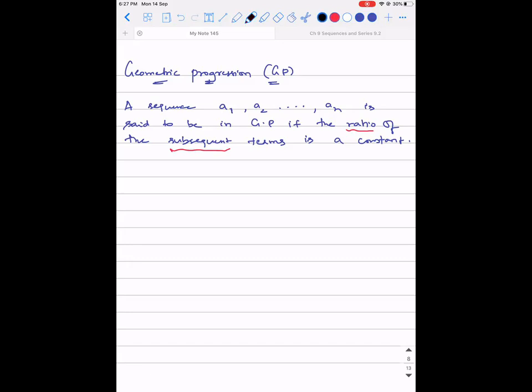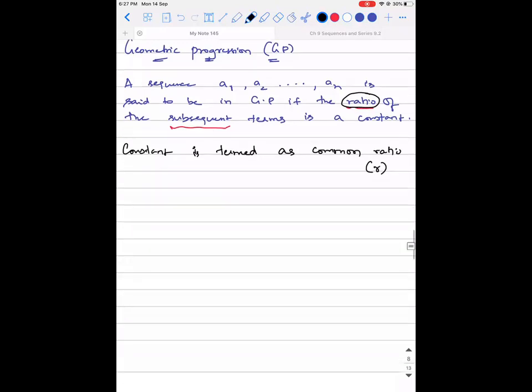Then that constant is called the common ratio, and the common ratio is given the symbol R.